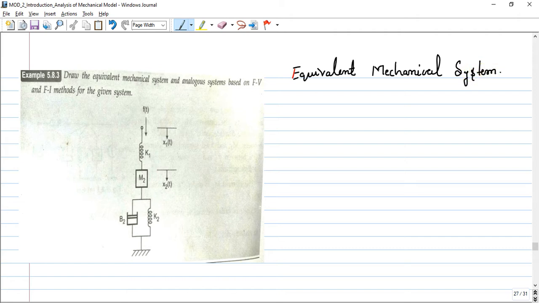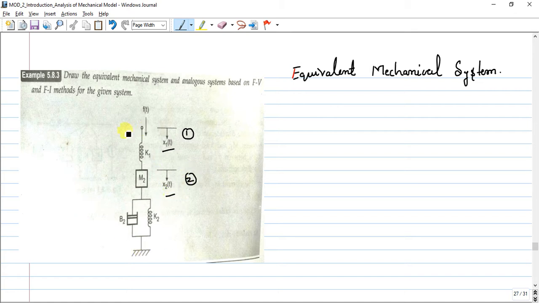So the first step is to identify the number of displacements in the given mechanical system. From the figure it is clear that we have the first displacement, that is x1 of t, and the second displacement x2 of t.